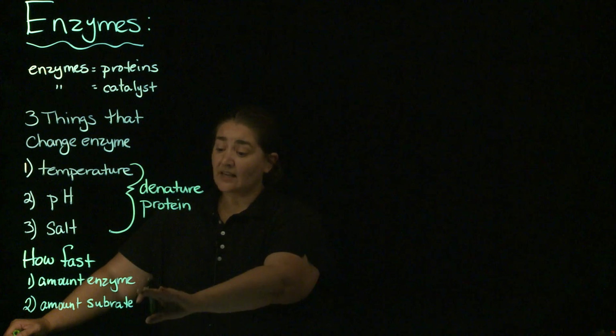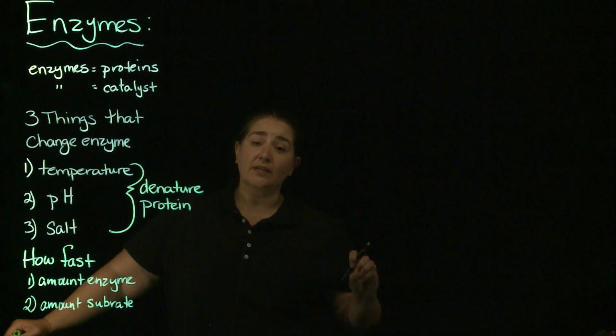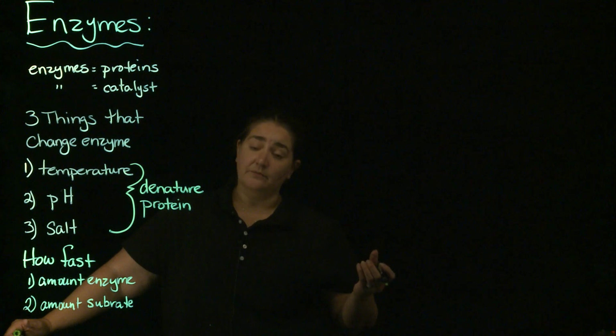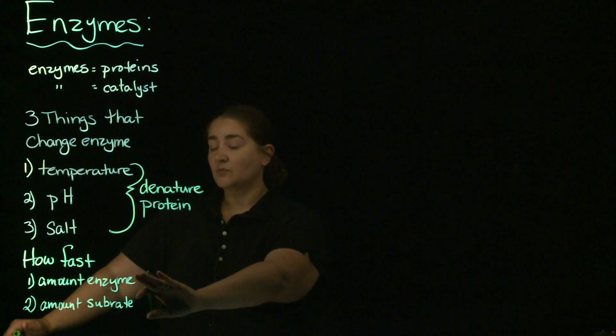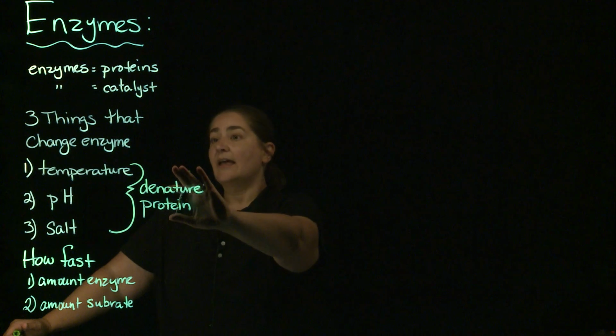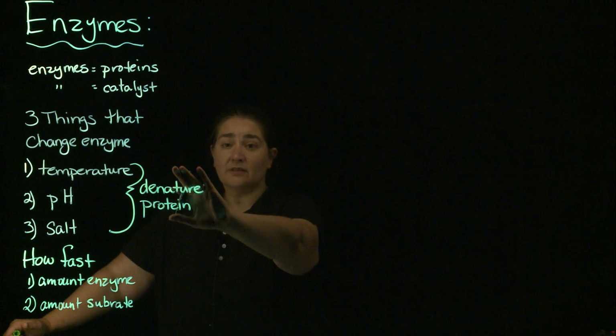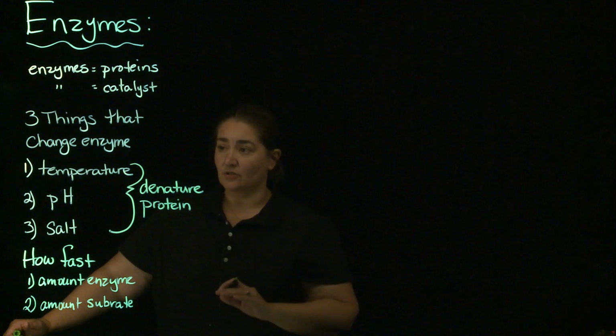If there's a lot of enzyme but not a lot of substrate, that enzyme will break that substrate down very quickly. So how fast the reaction occurs depends more on the amount of enzyme and the amount of substrate out there. The ability of the enzyme to work at all has to do with temperature, pH, and salt.